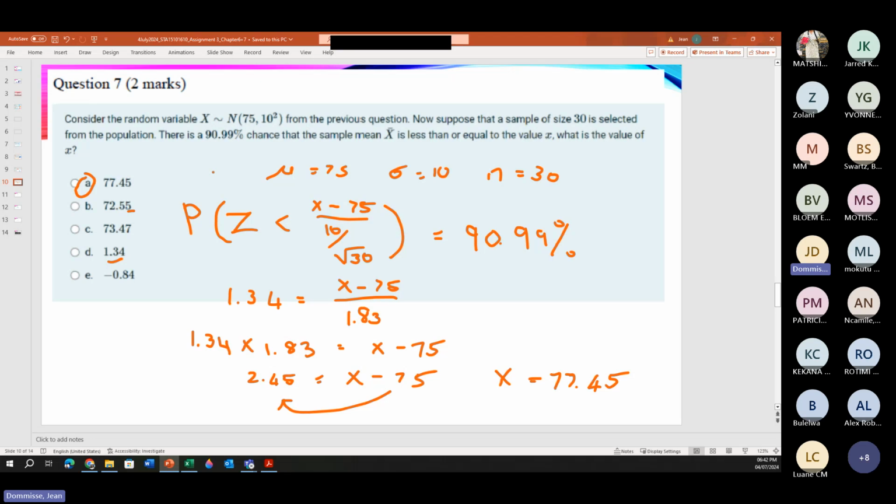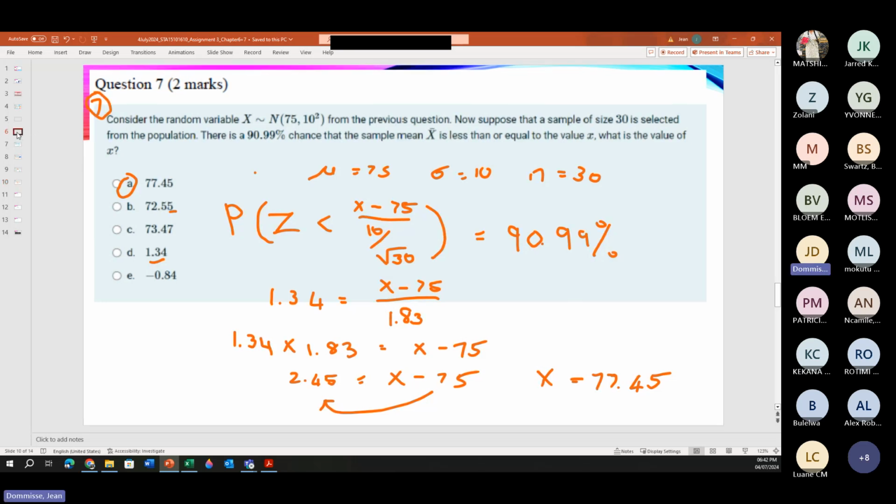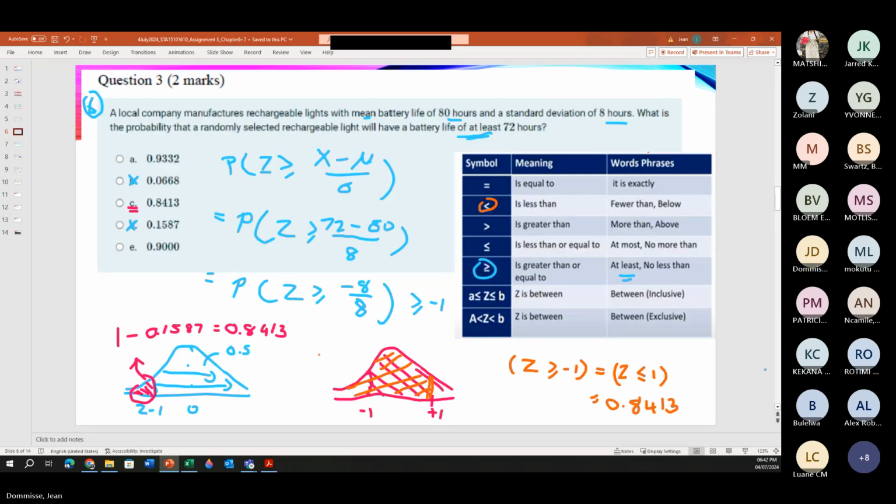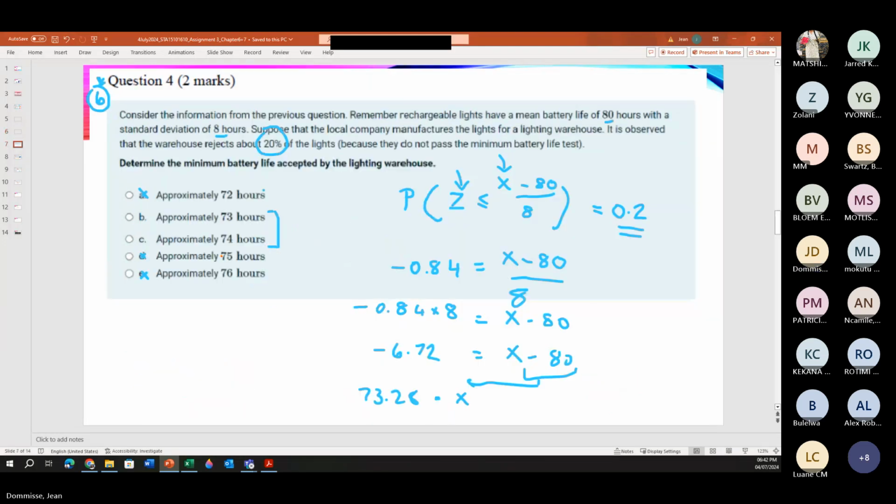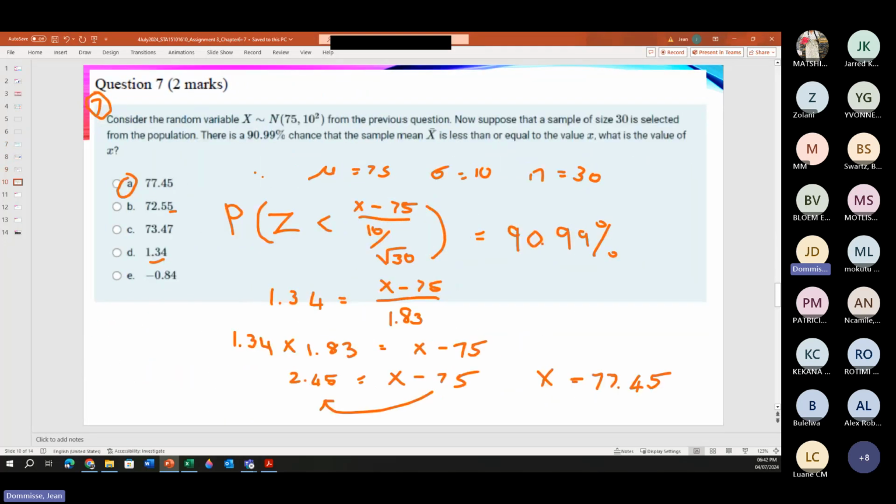So that can also happen. This one is very similar to question 4 and question 7.